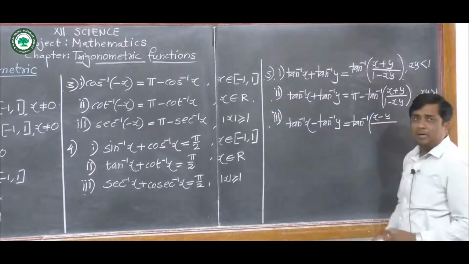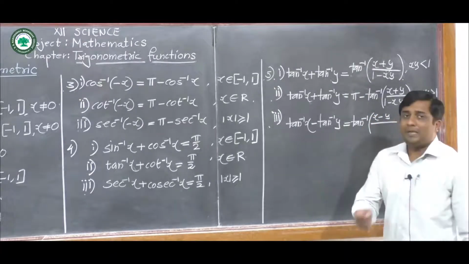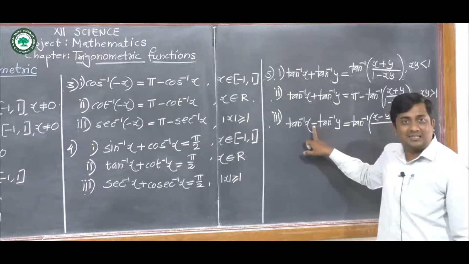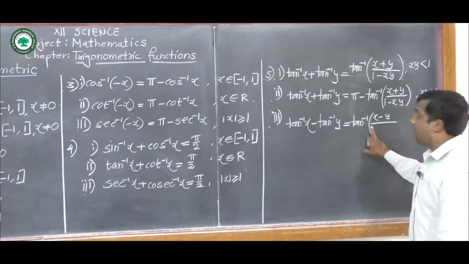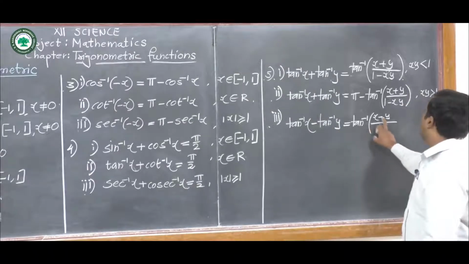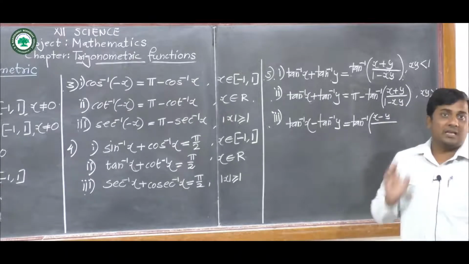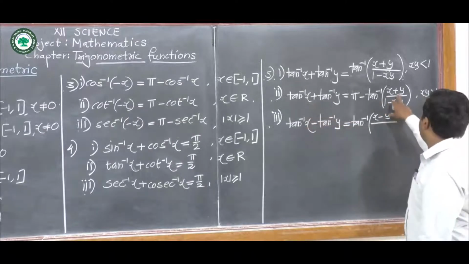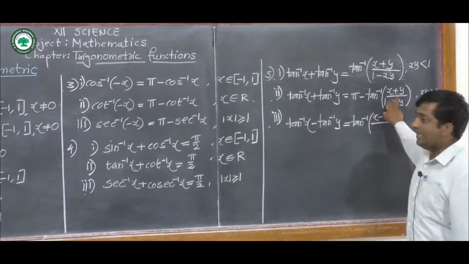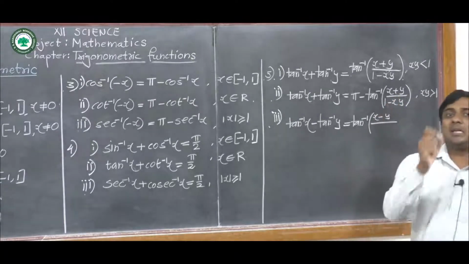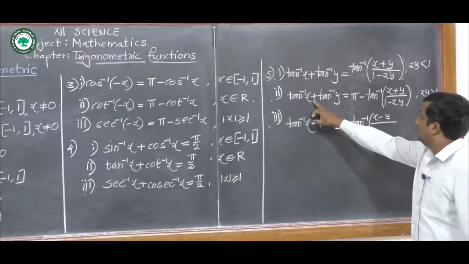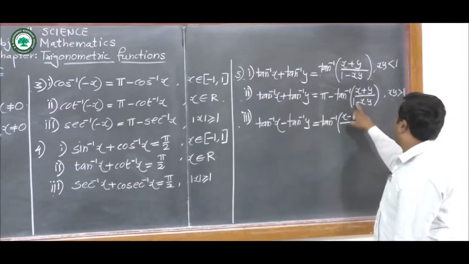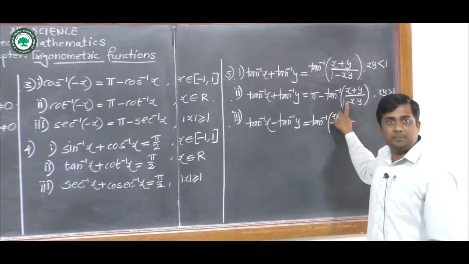Now remember, if a minus sign is given between the two inverse trigonometric functions, then in the formula, in the numerator we use a minus sign. If addition is given, then in the numerator we use a plus sign, and in the denominator we consider the opposite sign of the given one. That is, if plus is given, then in the denominator we consider a minus sign.